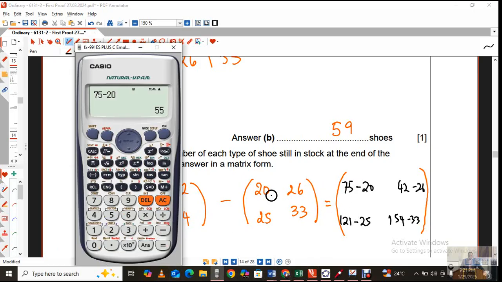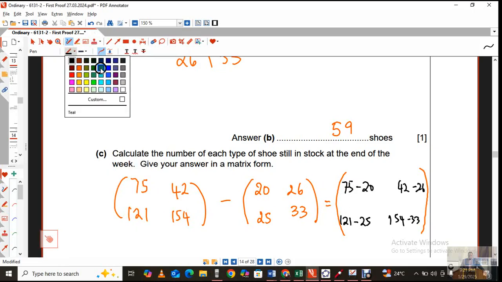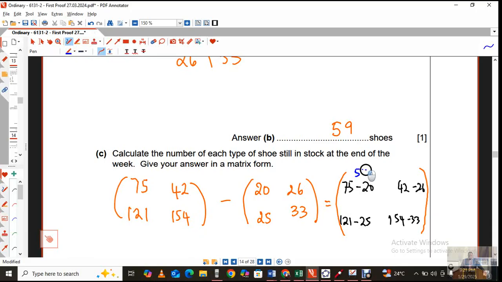Remember it. So this particular answer, because I already put the answer there, this is going to be 55.